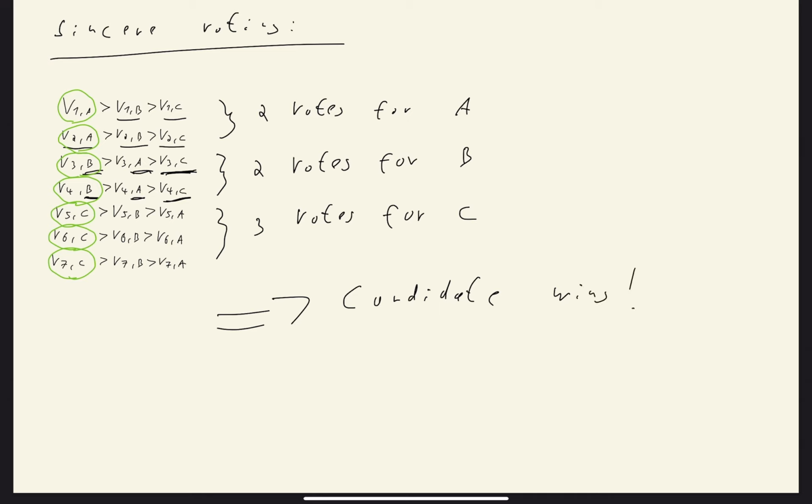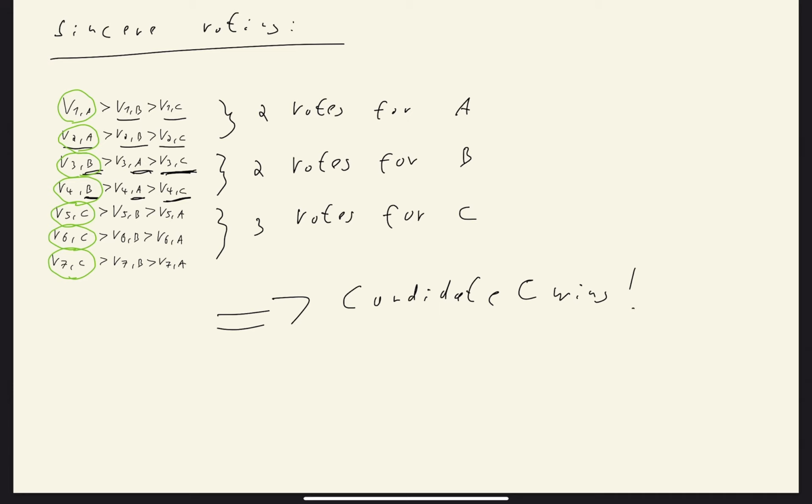And that's quite interesting because if everybody would vote according to their preferences, then the outcome, at least in this model, would be that candidate C is winning.